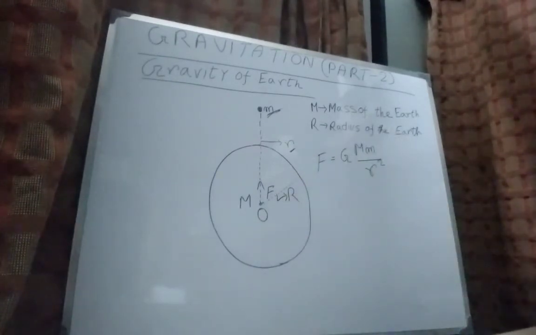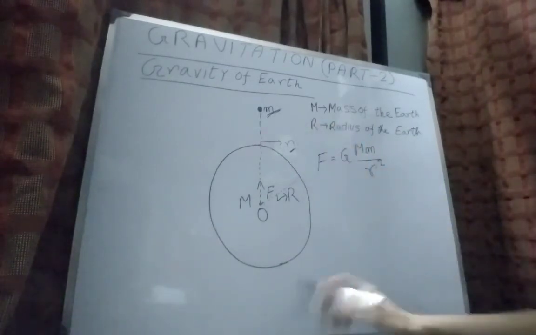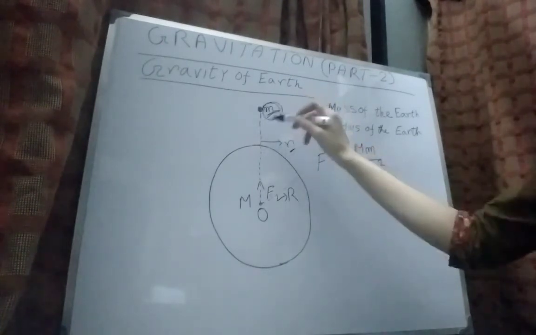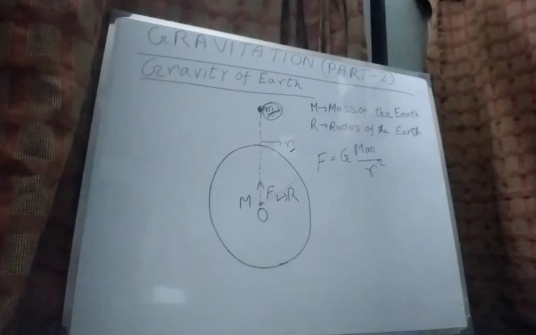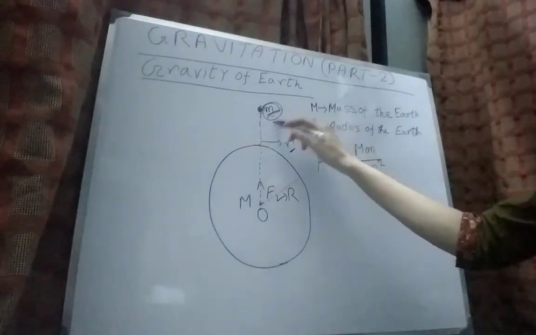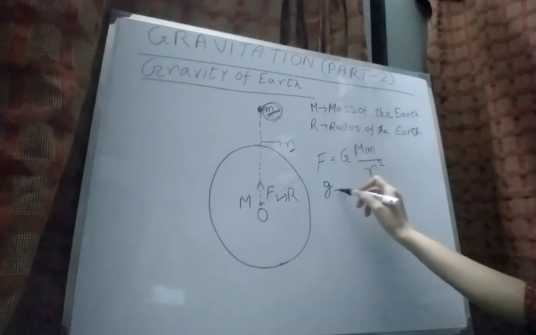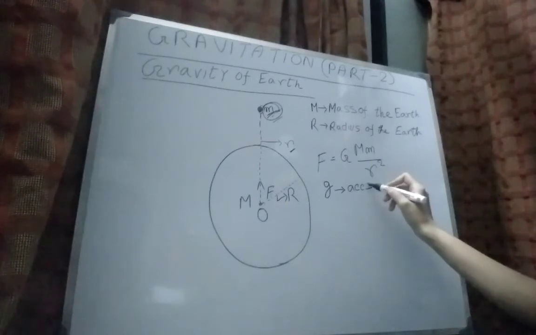Now, due to this force and according to Newton's second law, the acceleration due to gravity is generated in this object of mass m. This acceleration due to gravity will be denoted as small g.